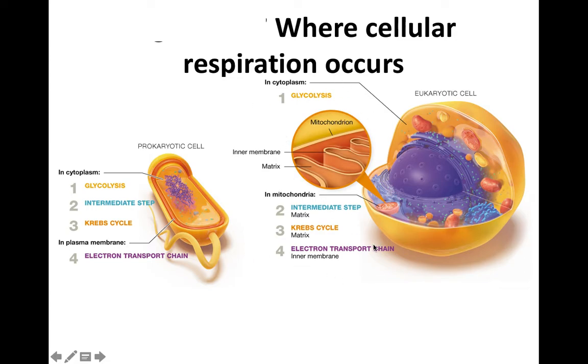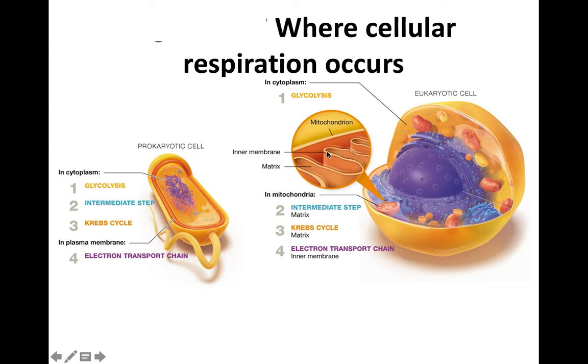In contrast, in eukaryotic cells such as animal cells, glycolysis will occur in the cytoplasm, but then the remaining steps are going to occur in the mitochondrion. So the so-called Krebs Prep and the Krebs cycle will occur in the mitochondrion. And the electron transport chain and ATP synthase will be located in the inner mitochondrial membrane.